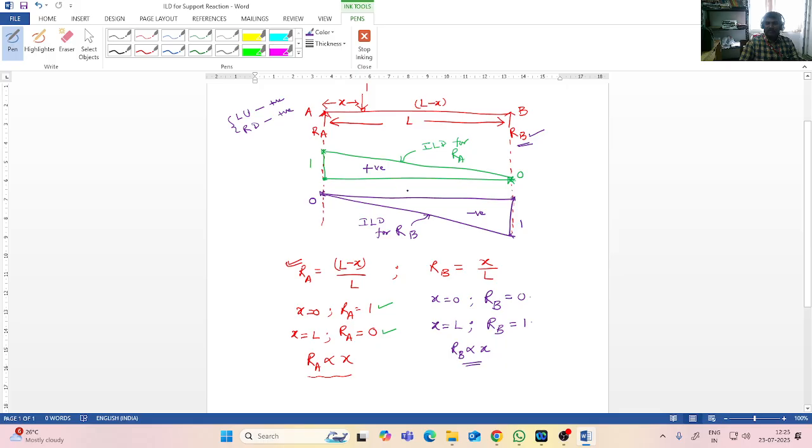So for maximum support reaction at B, the load shall be placed exactly over support B. Similarly, for maximum reaction at A, the load shall be placed exactly over support A. This is what you can read from these two diagrams.